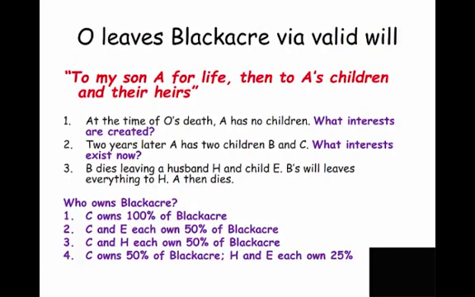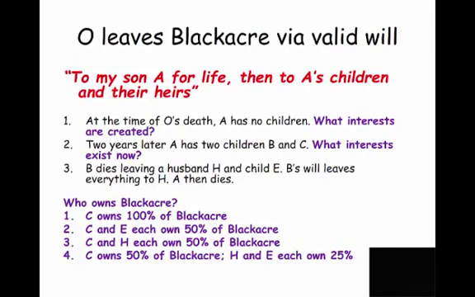Each child has a share of the remainder. So if 2 years later, A has two children, B and C, they have a vested remainder subject to open. Now this is a present property right that can be left via will, even though there's no present right to possess the property while A is alive.